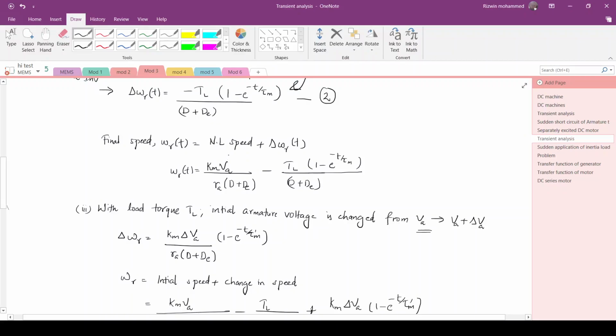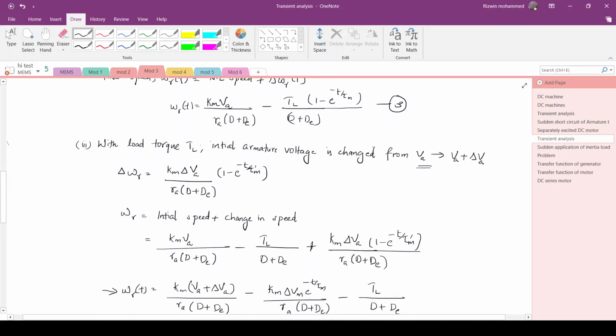Okay, so that is the no load speed. Then you add to it the change in speed to obtain the final speed. So equation number 3 will give you the final speed after a load torque is applied when the motor was initially at no load condition.